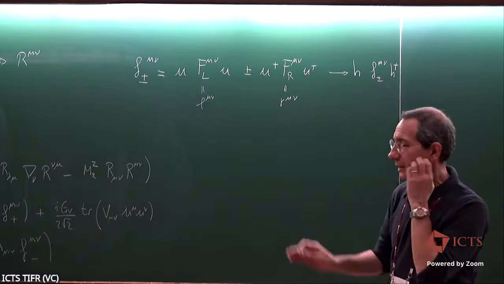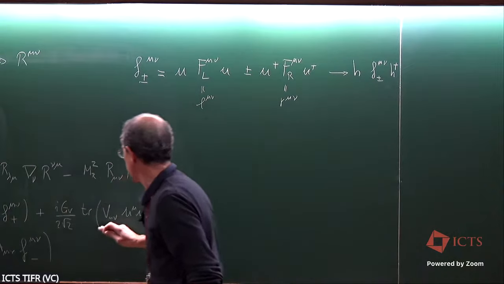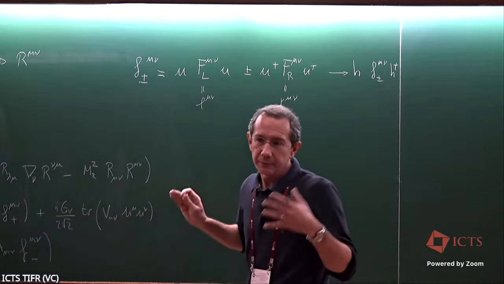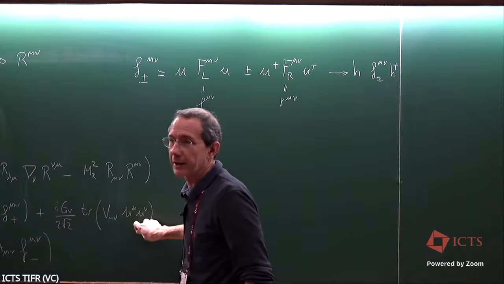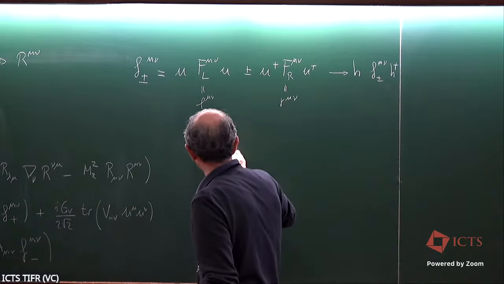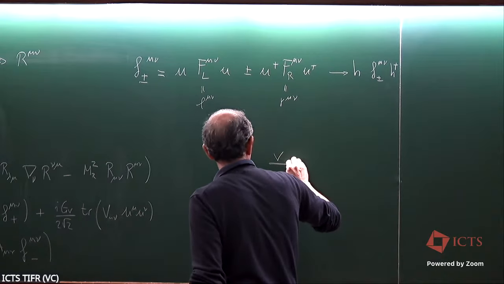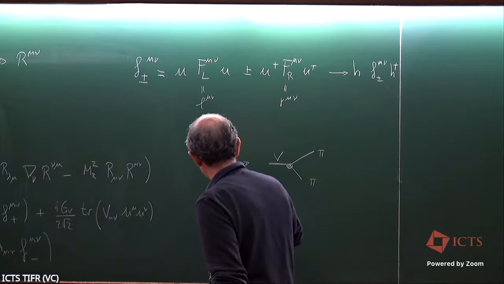So these are the only places where I put the fact that this is a vector resonance and this is an axial resonance. Similarly, I want these interactions to preserve parity because it's a strong interaction. So the vector interacts with pions. GV is what controls the vector coupling to pions.